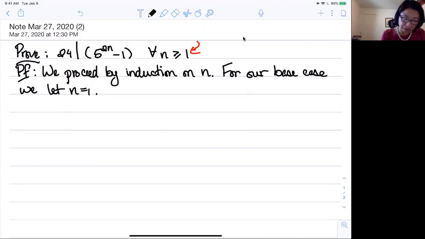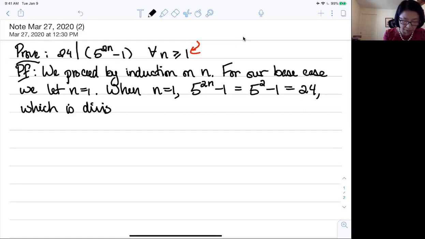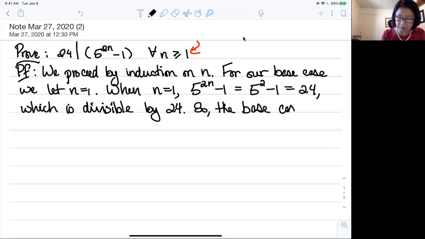Okay, so when n equals 1, we see that 5 to the 2n minus 1 is 5 squared minus 1 equals 24, which is divisible by 24. So the base case holds.